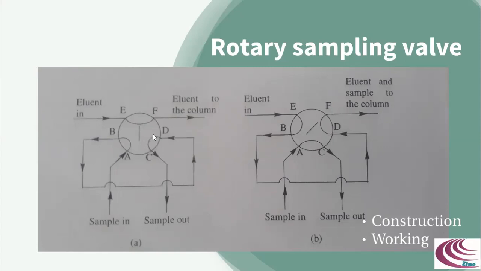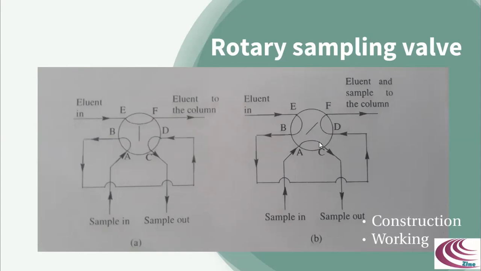When the knob in the valve is rotated by an angle of 45 degree, as indicated in this figure, the sample enters an analytical column, and this is the loading mode of rotary valve.